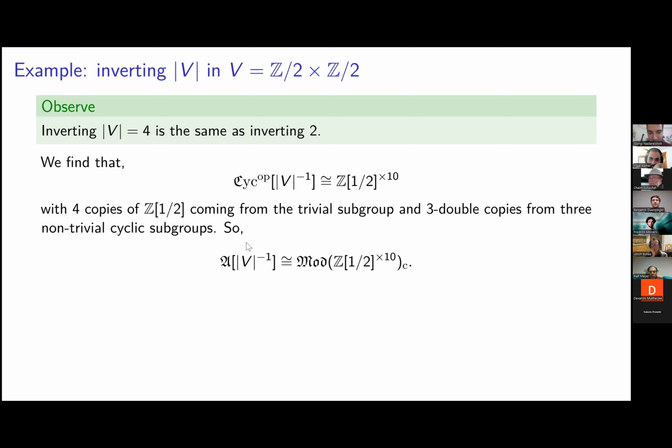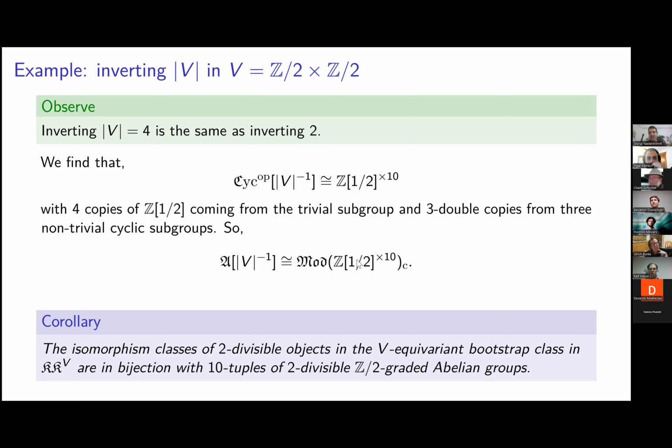So what we find is that this A^V minus 1 is just modules over this ring, countable modules over these 10 copies of Z[1/2]. So if you have some type 1 actions on C*-algebras of this sort with V actions, you know that if your C*-algebra is 2-divisible, it's completely classified by isomorphism classes of modules over 10 copies of Z[1/2].